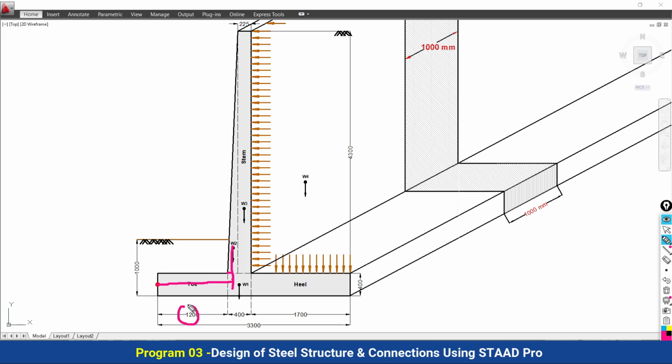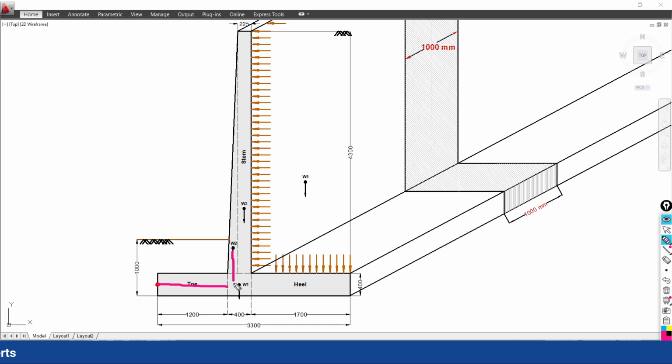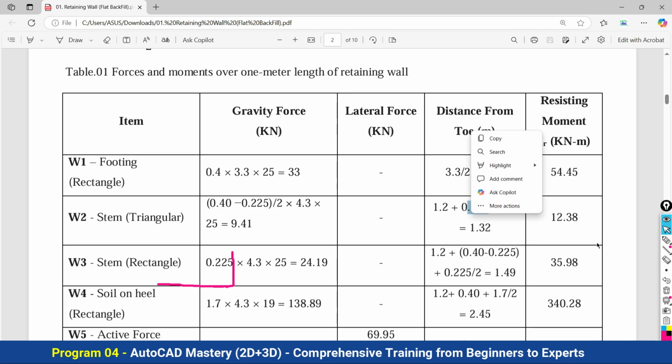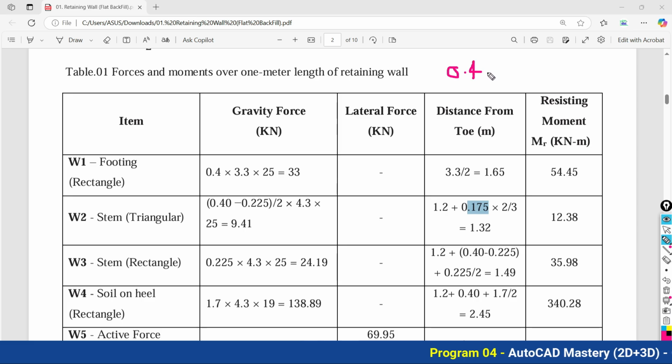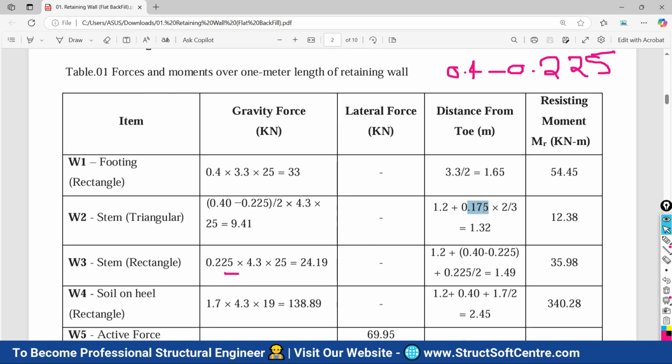So this is 1.2 meter plus this distance that we will calculate. You have to add this distance, then you will know the total span from the toe up to the centroid of this triangle of the stem. The same calculation has been done here: triangle 1.2 plus 0.175. How is this value coming? The total 0.4 base of your stem minus 0.225 gives you this span at the base, which has been calculated as 0.175.